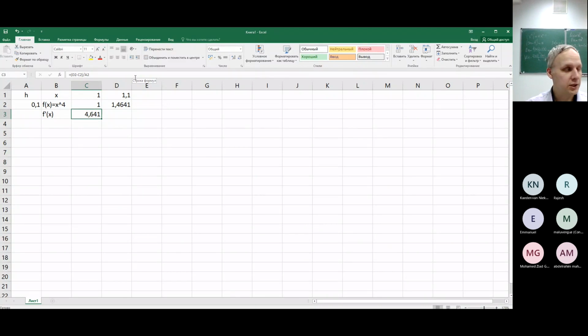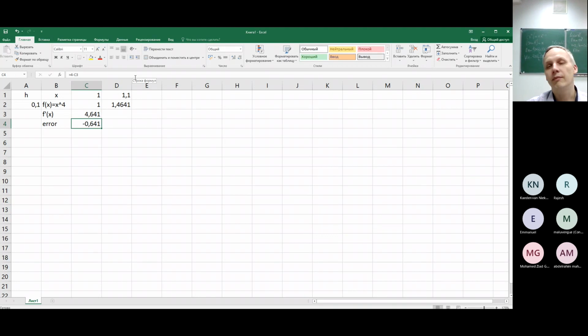Let's remember that the real value f prime of x is 4. So the error will be the real value minus the approximation.